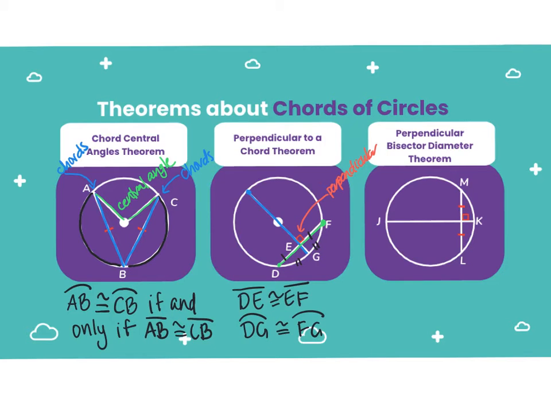But that's only because the diameter is a perpendicular bisector of the chord.